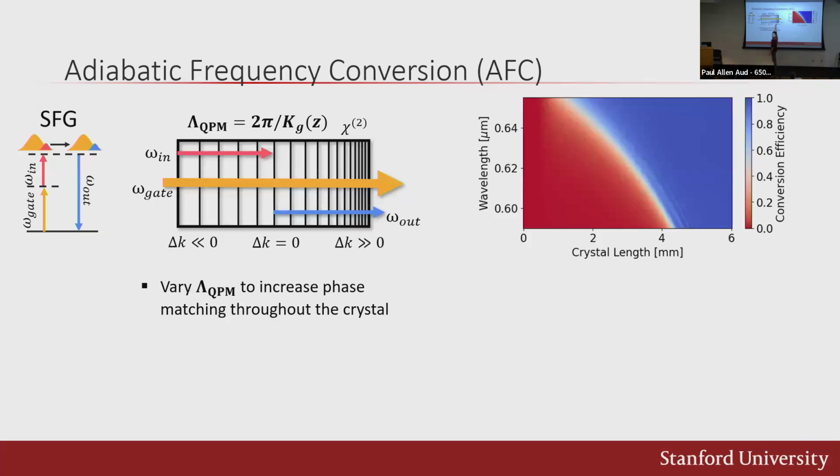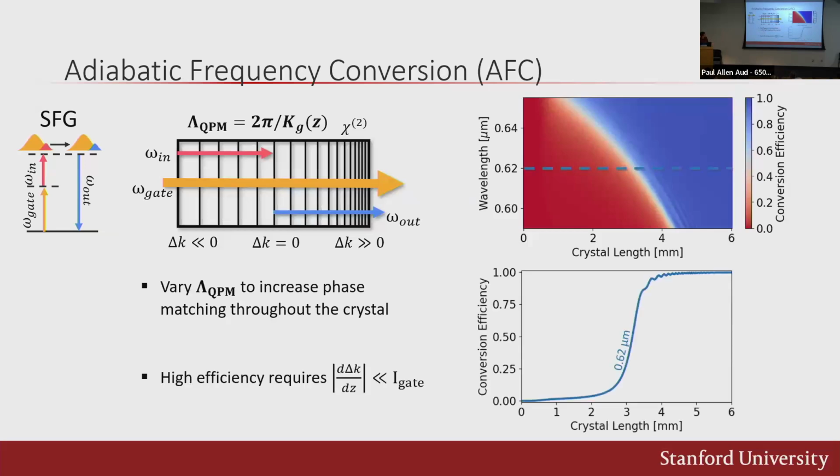That corresponds to where the phase matching condition is satisfied within this device. So for instance, 640 nanometers is generated early on in the device, where its phase mismatch is 0 here, and 600 nanometers is generated later in the device, where its phase matching occurs.